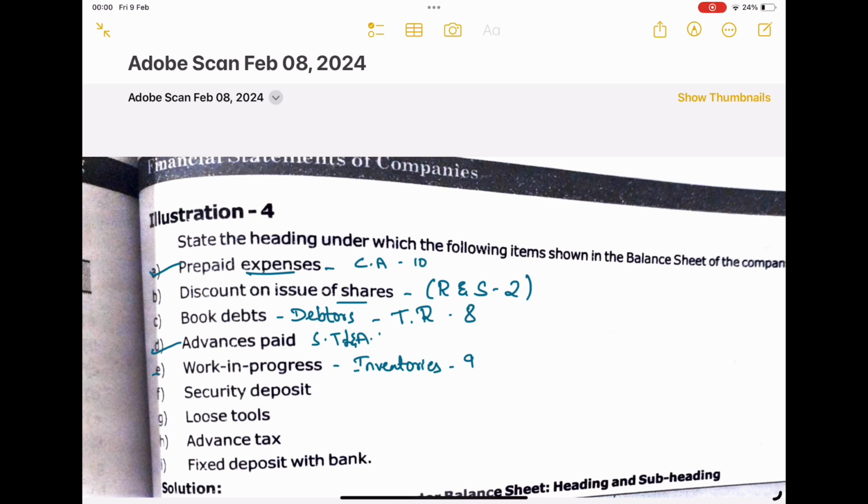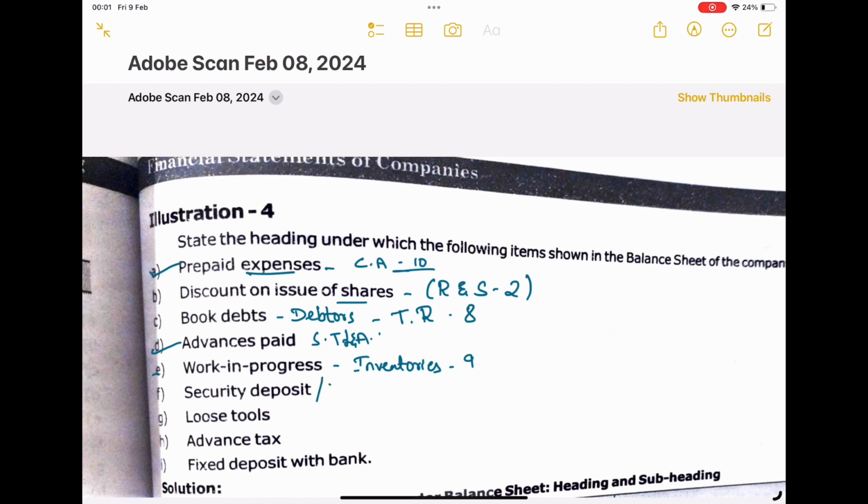For example, for current assets I have written 10, but I can write 9, and for trade receivables I can write 10. There are no issues, but the format you have used in your examination and the working note you are doing on another page, that number should match. That is very important.